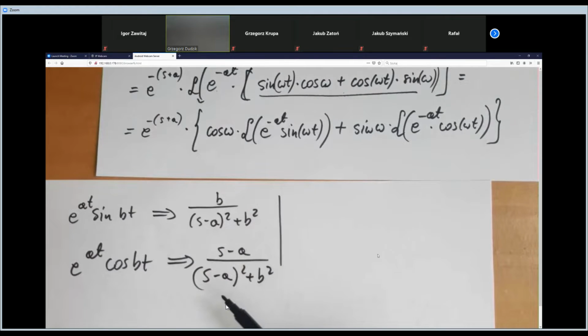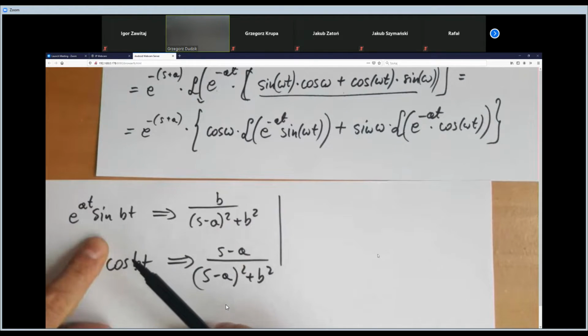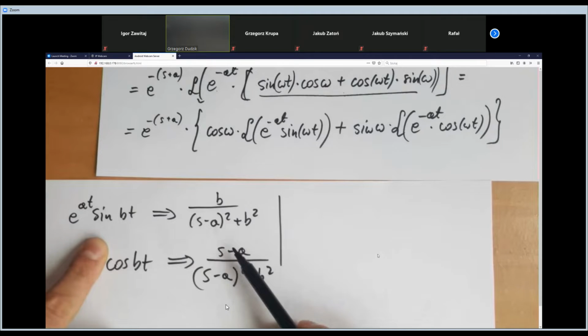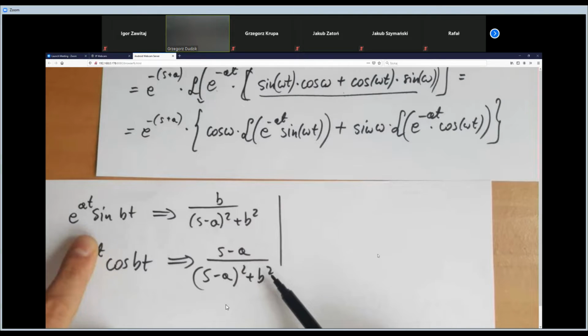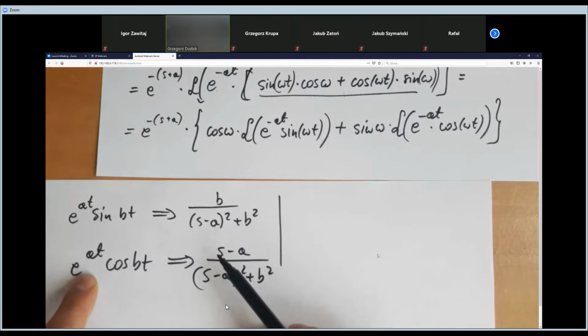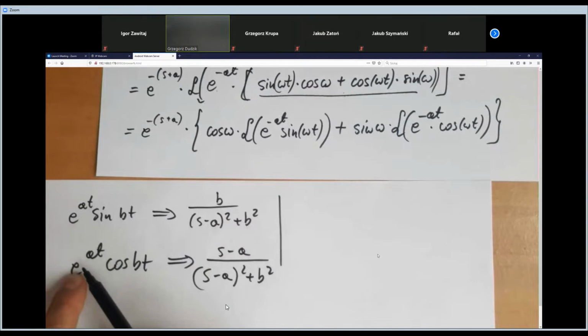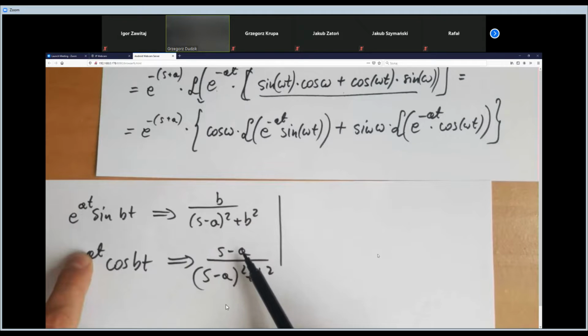What is it for the cosine function? Without it, the Laplace transform of the pure cosine function is s over s squared plus b squared. With this function, everything is the same. However, in place of s, we have to substitute s minus a. That's all.